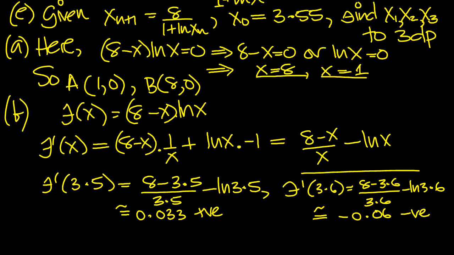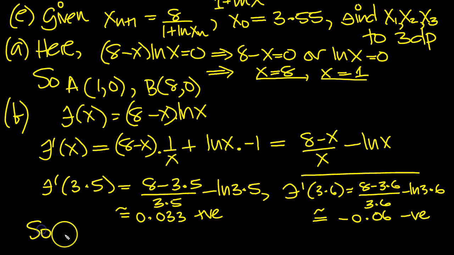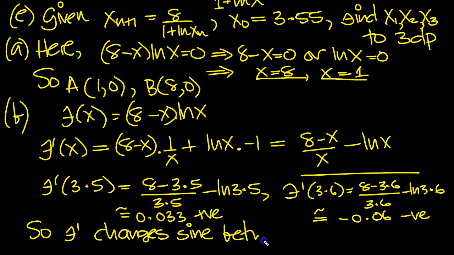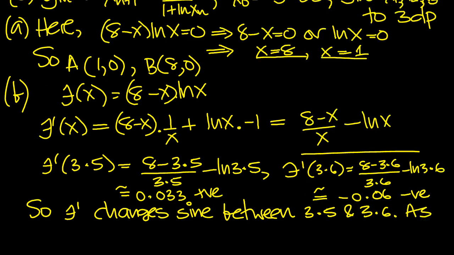So the derivative changes sign. So f dashed changes sign either side of Q. It changes sign between 3.5 and 3.6 as f dashed is continuous.